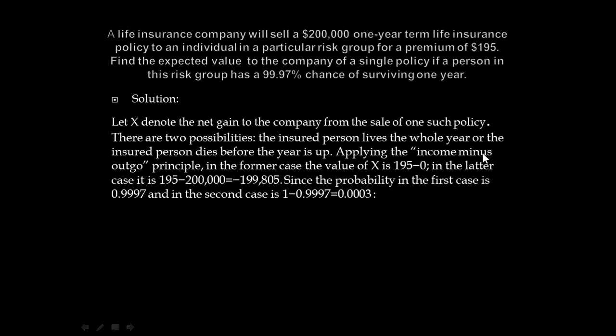Applying the income minus outgo principle, in the former case, the value of X is 195 minus 0. In the latter case, it is 195 minus 200,000. This gives us negative $199,805.